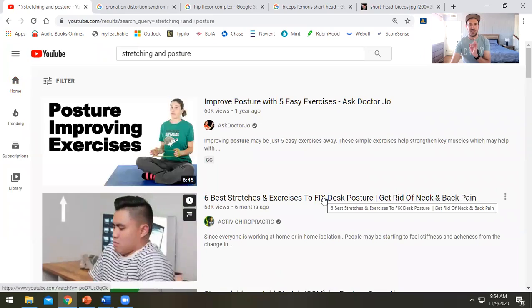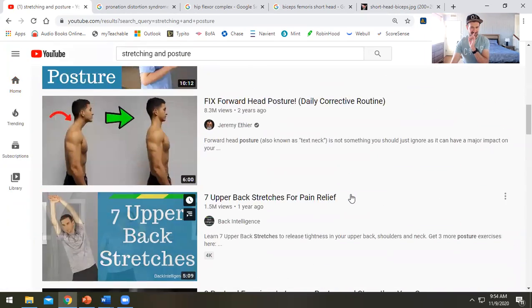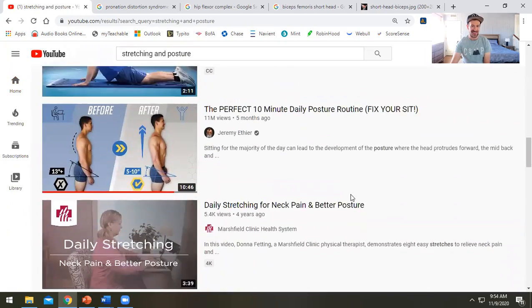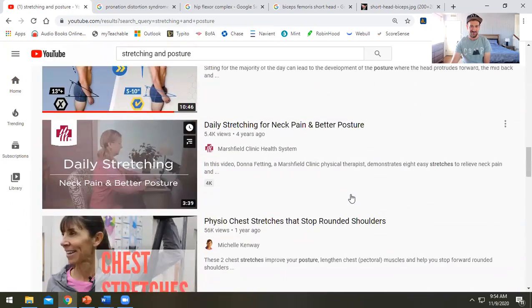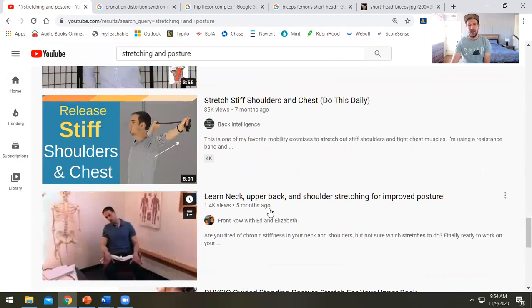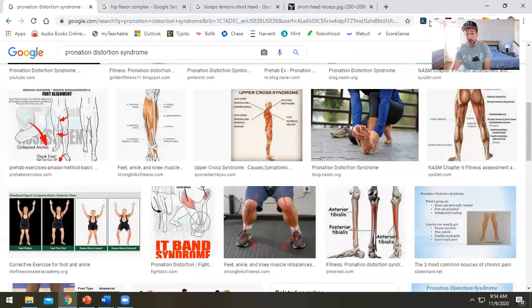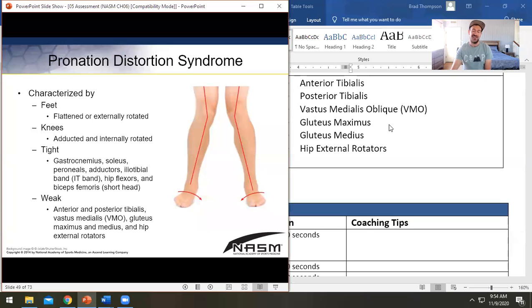I'm typing stretching and posture. You know what? I'm not getting as many as I thought. Okay. I was definitely expecting a million clickbait videos that were like, don't stretch to fix your posture. You hear that? That's getting to be really popular in the world.